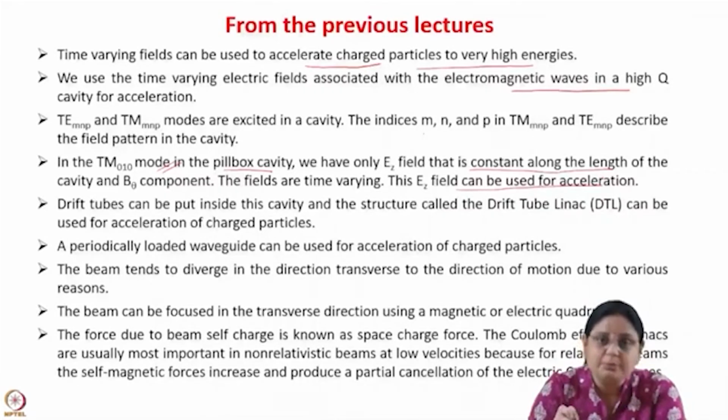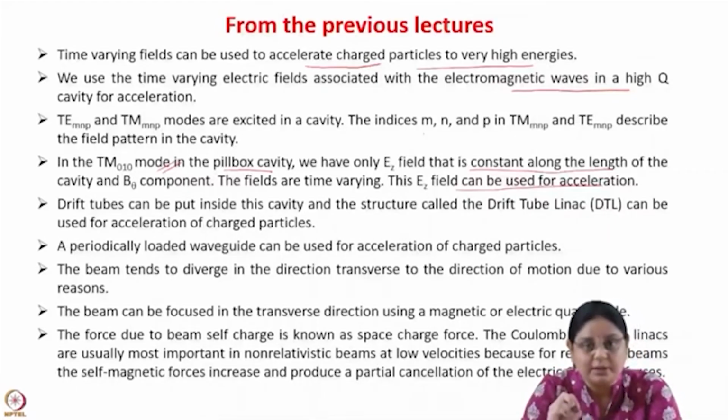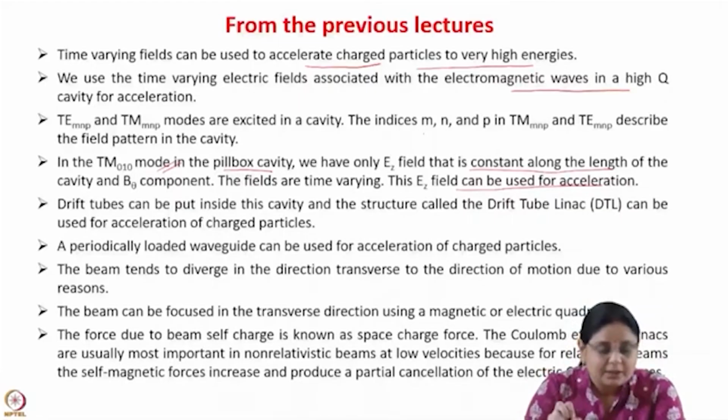In a long pillbox cavity, we can put drift tubes and use that for acceleration as well. This structure is known as a drift tube linac. In this, the acceleration takes place in the gaps between the drift tubes. Inside the drift tubes, the fields cannot penetrate, and the beam is shielded from the fields.